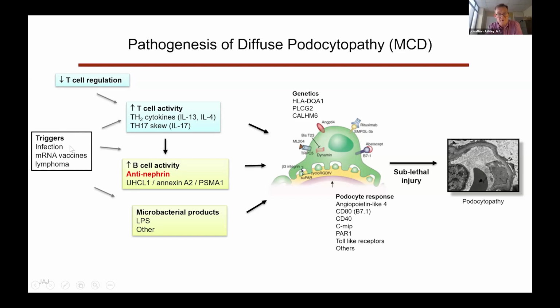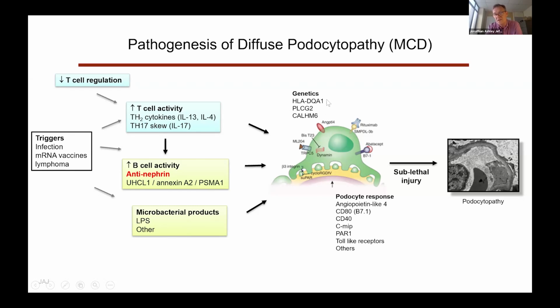We all know that sometimes minimal change disease is triggered by allergies or infection. We saw this with COVID vaccines, with Hodgkin's lymphoma. And sometimes infections may activate the innate immune system and more directly affect the podocyte. Then several genes have been described that increase the sensitivity to minimal change disease.